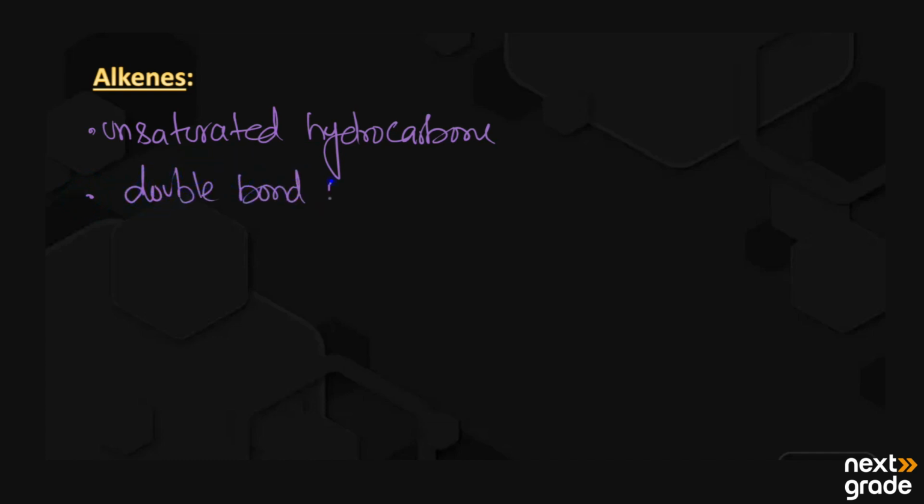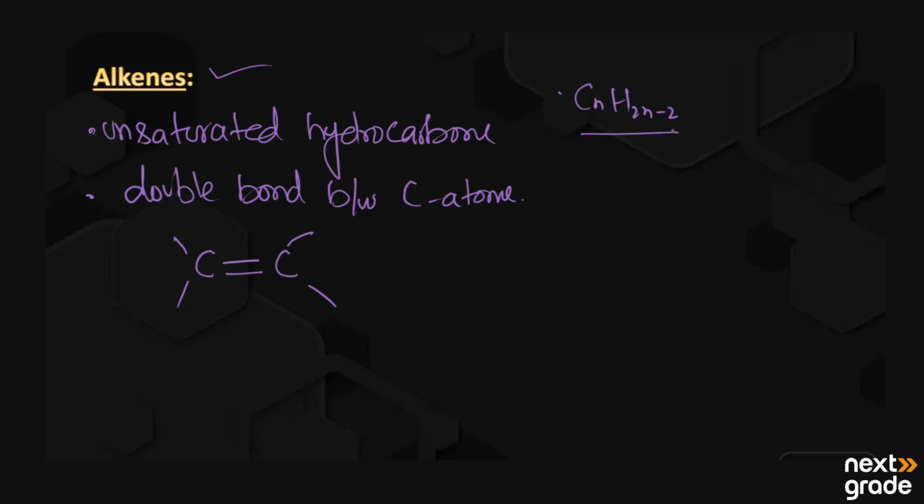between the carbon atoms. As the carbon-carbon has a double bond, these are known as the alkenes. And next, the general formula for these alkenes is CnH2n.